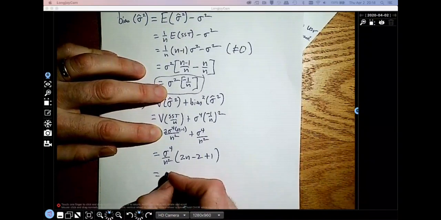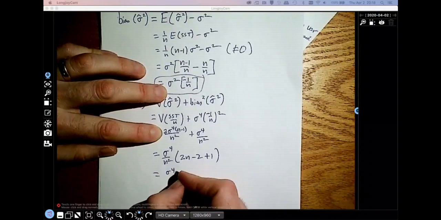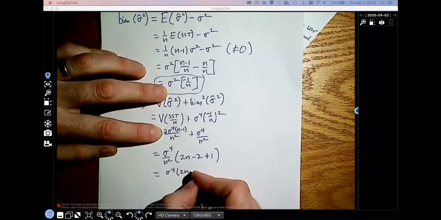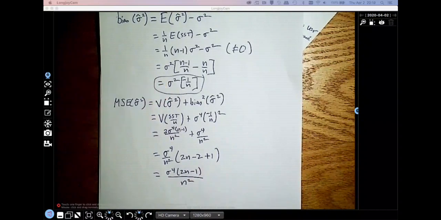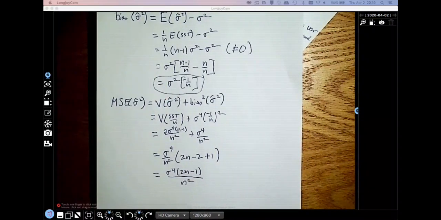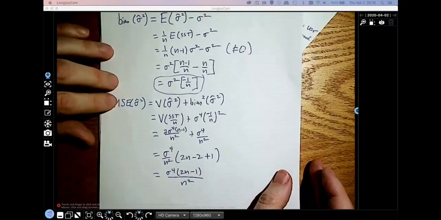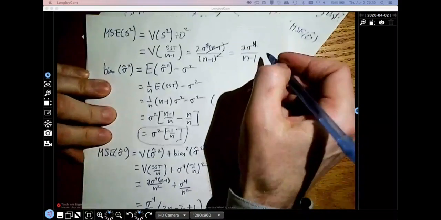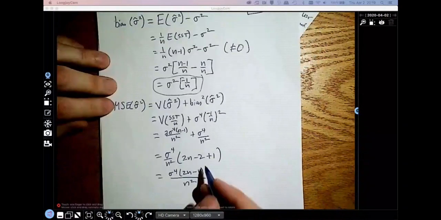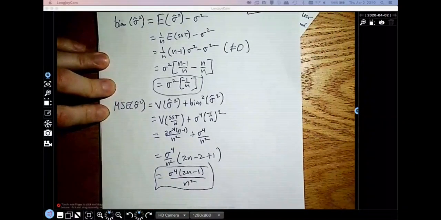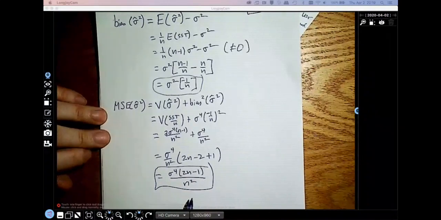So we end up with sigma to the fourth times 2n minus 1 divided by n squared. All right, so we're almost there. We now have an expression for the mean squared error of sigma hat squared.